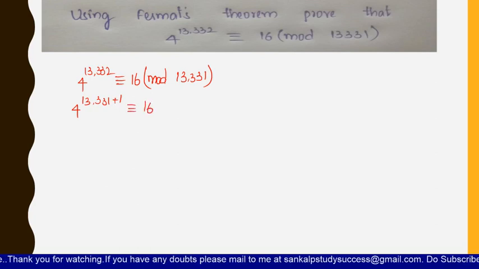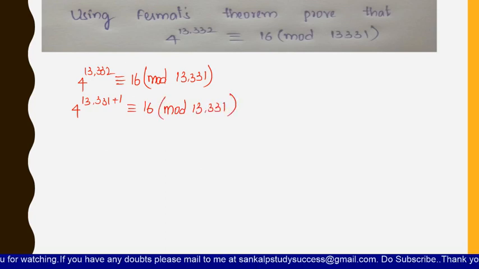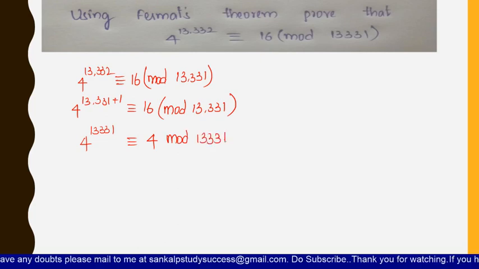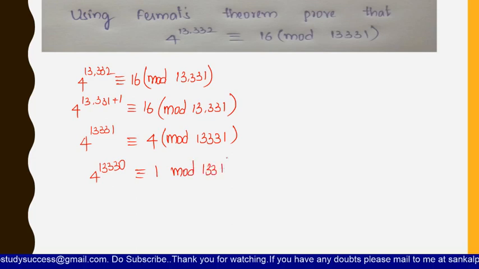You will get this thing only. 16 mod 13,331. So now, if you write 13,331, then it becomes 4 mod 13,331. Is it not? Because if you are removing one 4, you have to remove one 4 from here also. So here if you write 13,330, then if you have removed one more 4 from here, you have to remove this 4 from here also. So you will be remained with 1 mod 13,331.